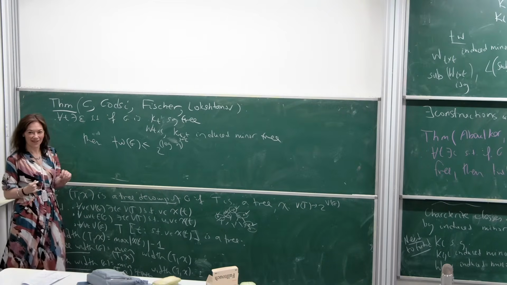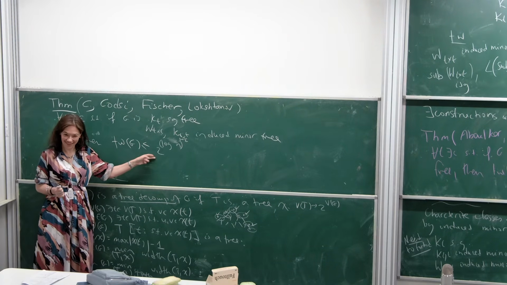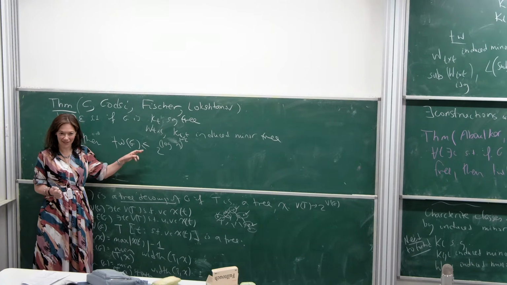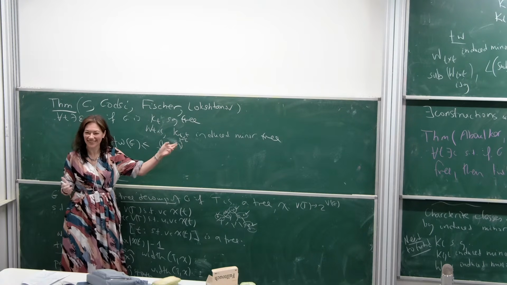So right, 2 to the log n is n, just to practice. 2 to the log n is n. 2 to the square root log n is subpolynomial, and this is still subpolynomial.